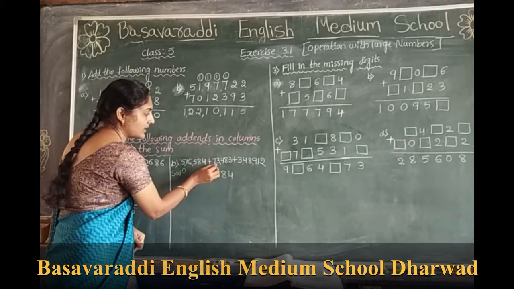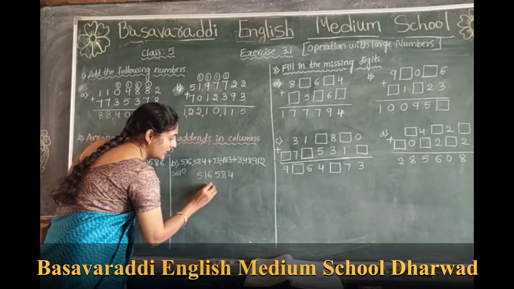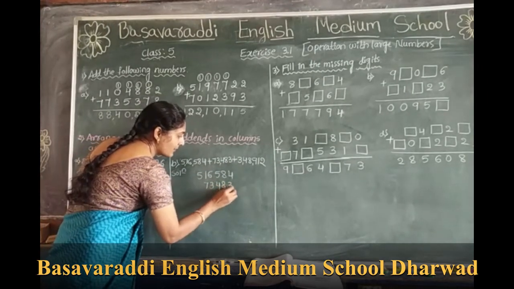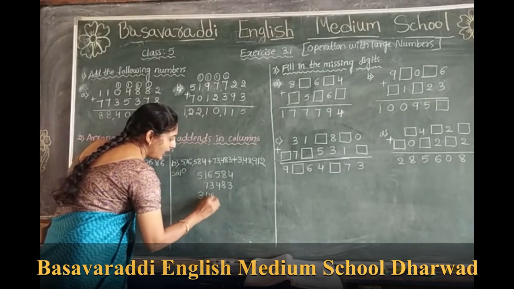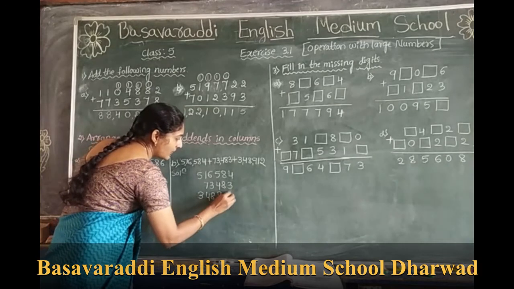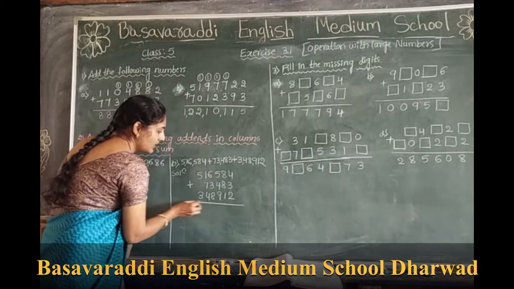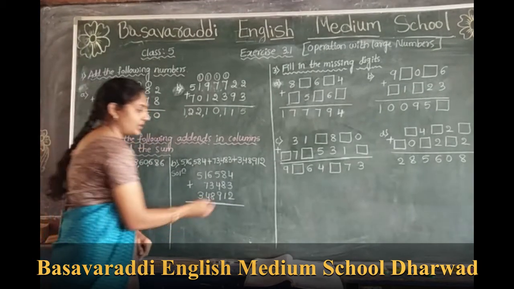The second one is, look here, the 73. It is in the 10,000s place. So write below the 10,000s place. The third addend is 3,48,912. We arrange the given numbers in the column wise. Then do the addition operation here.